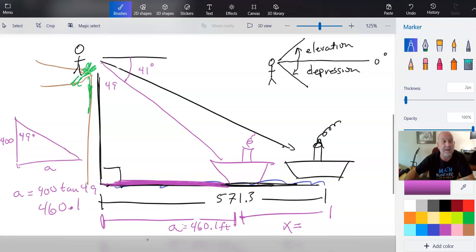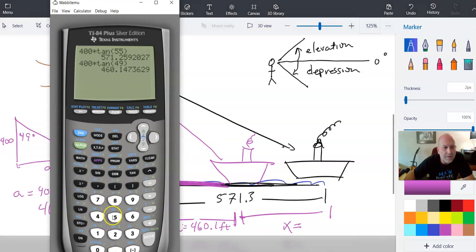So let's see what we get. We have 571.3 minus 460.1. Oops, I missed that.